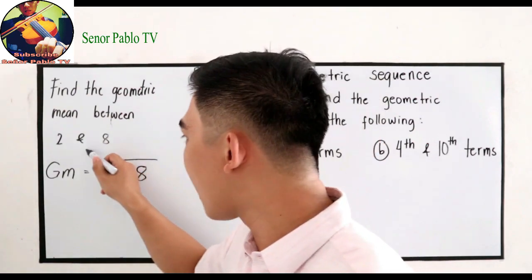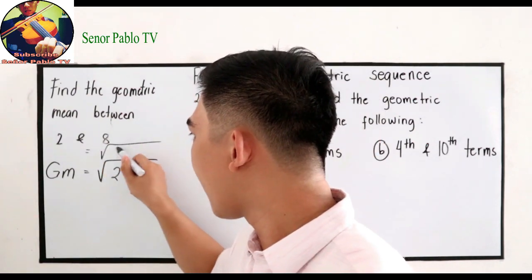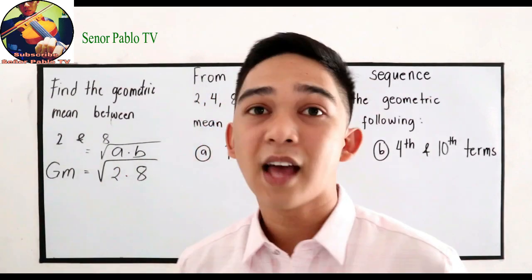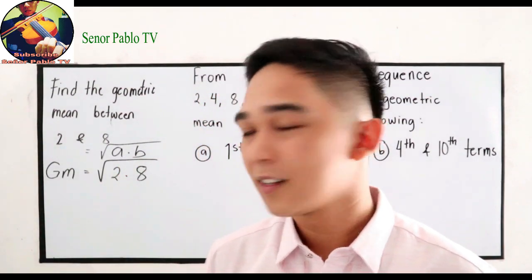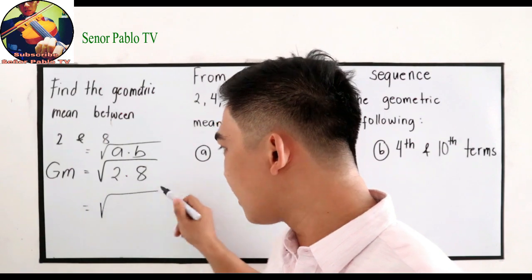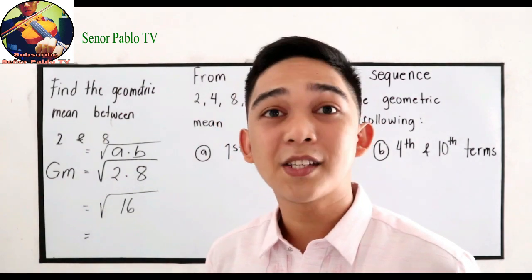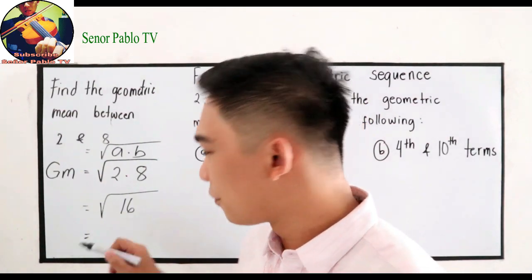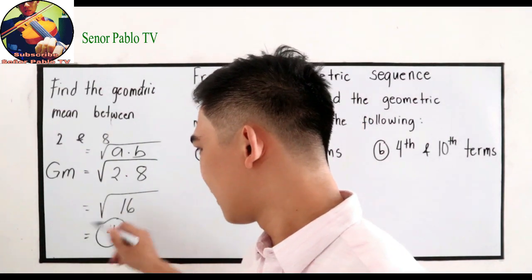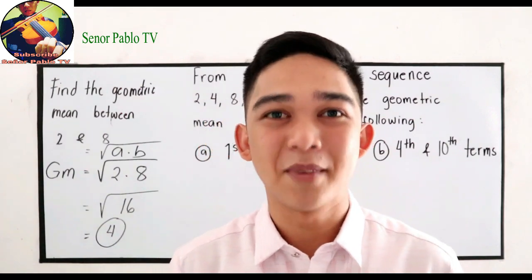Or, sulat natin siya, square root of A times B. That would be our formula. Multiply natin, 2 times 8, that is 16. Square root of 16, that is 4. So, ganun lang yung geometric mean.